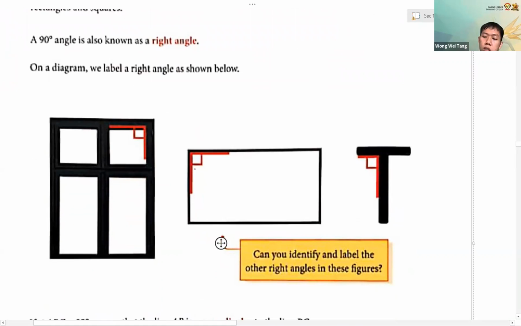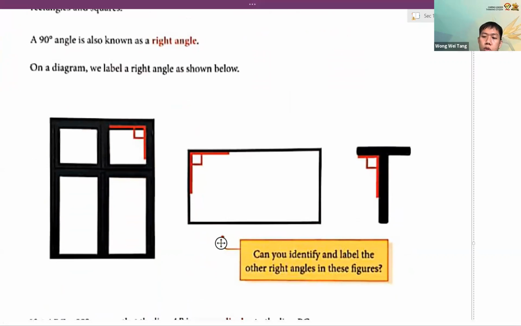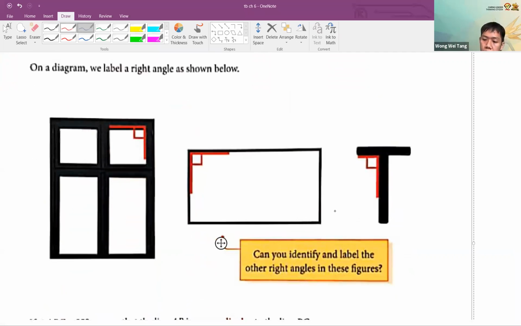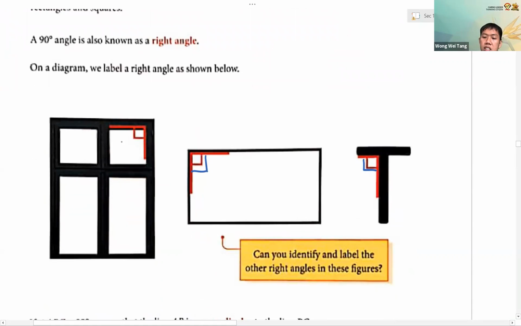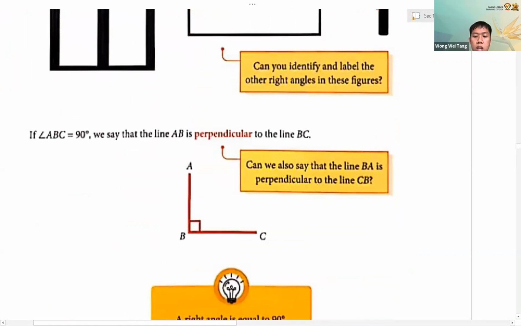And we draw a little box like this to indicate that it is 90 degrees. Now we will see a lot of 90 degrees in our homes, okay? If we say that this angle is 90 degrees, we say that the line AB is perpendicular to BC. This word means forms a right angle.